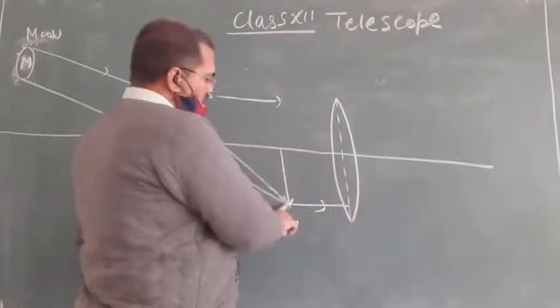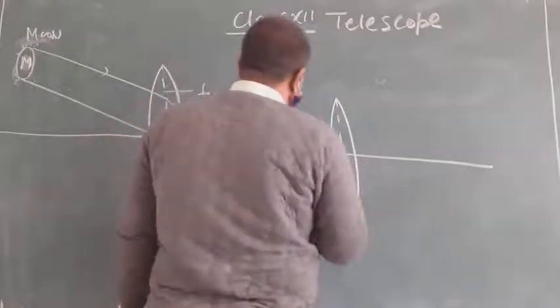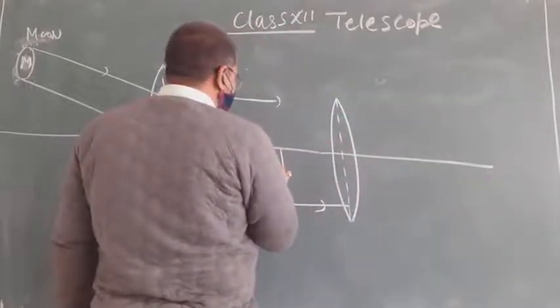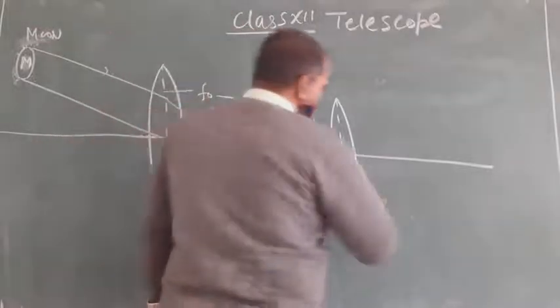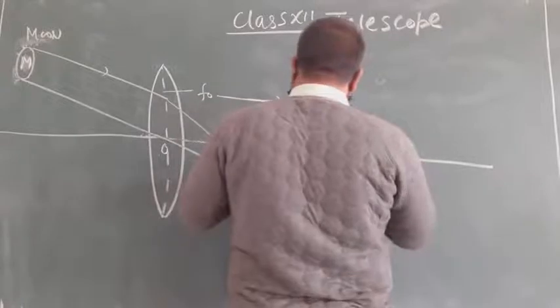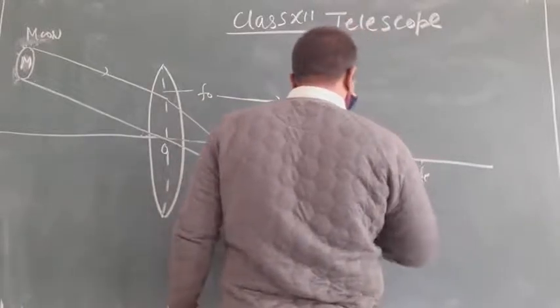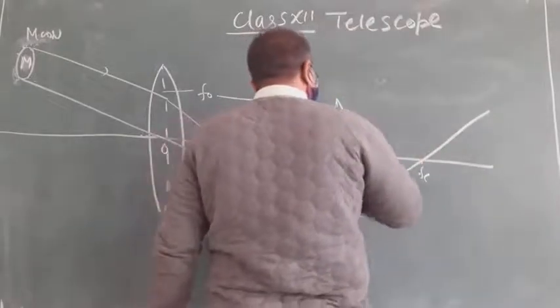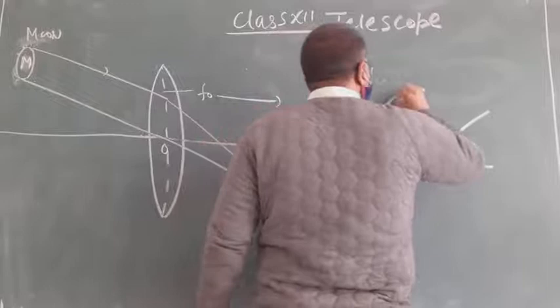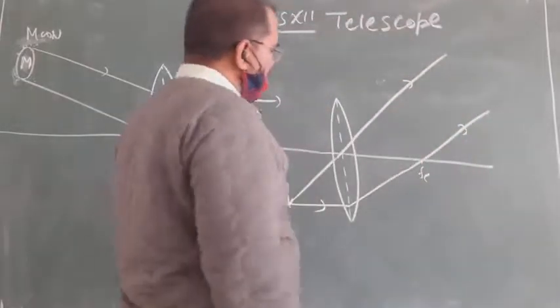So this will be like this. Parallel rays come and go to the focus. When we go through the eyepiece, the rays go without direction.